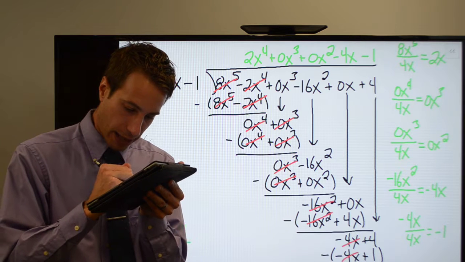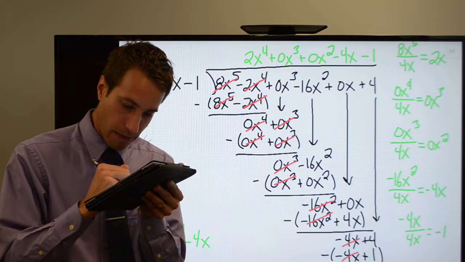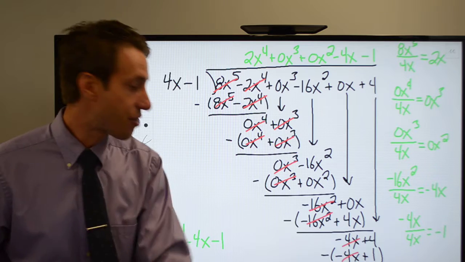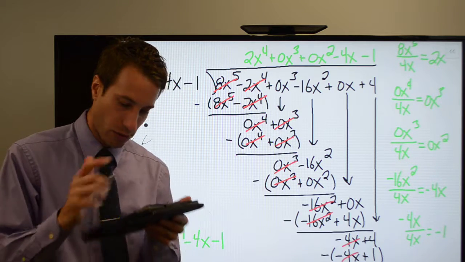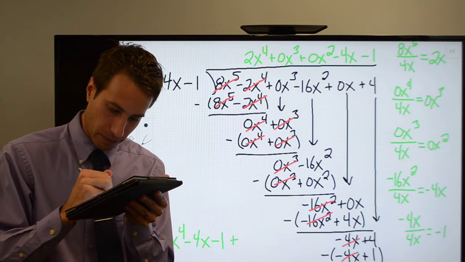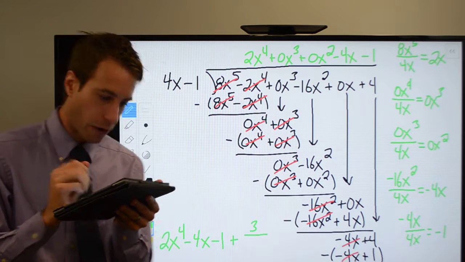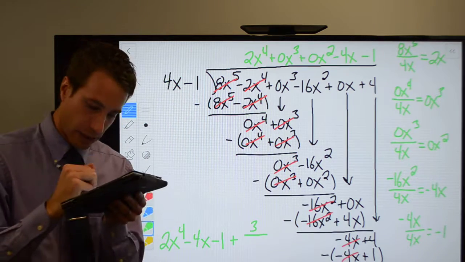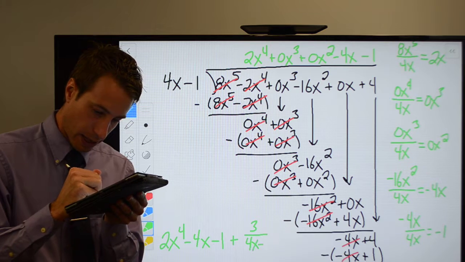Negative 4x minus 1, and then I've got the plus 3 all over my original divisor, which was 4x minus 1.